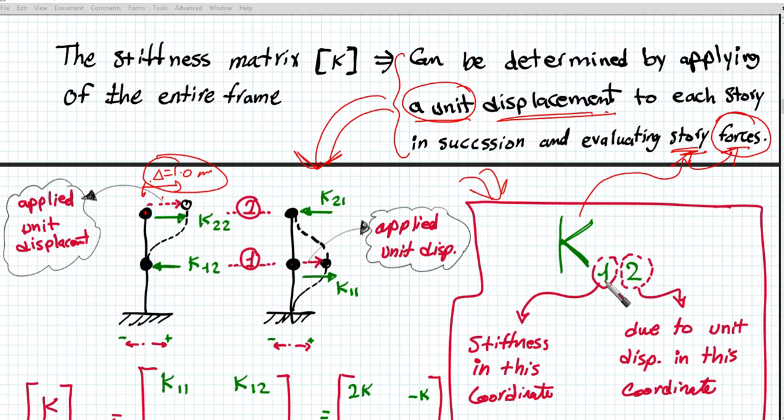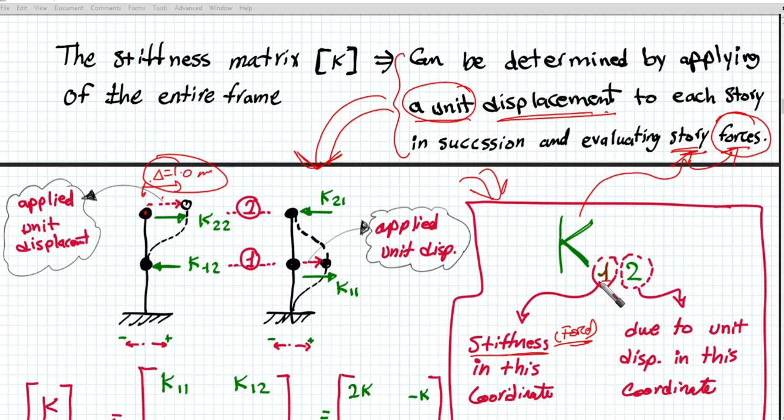In K12, the first subscript means force. The first subscript means the force that is going to be developed in which direction? Direction 1.